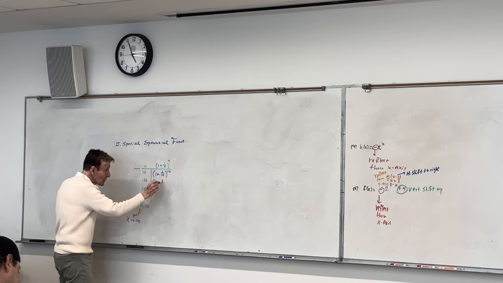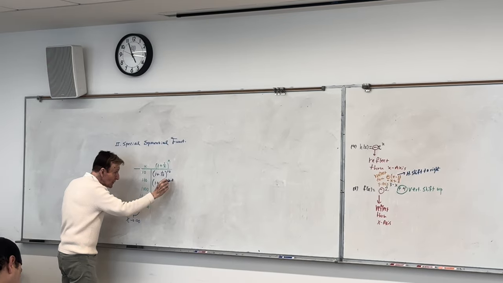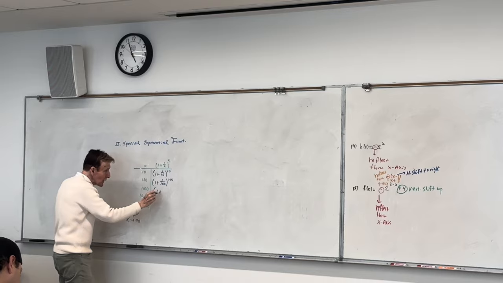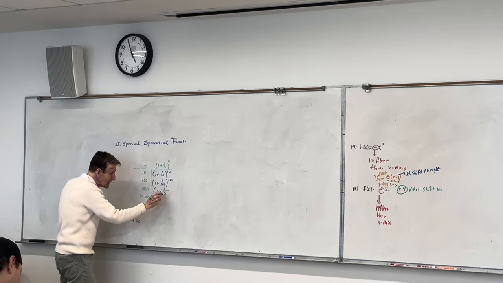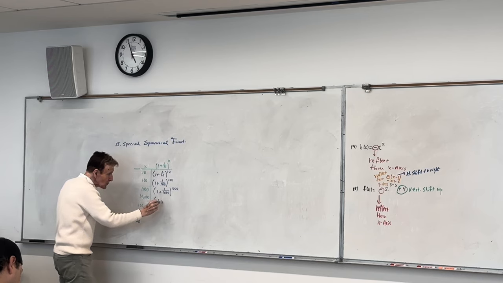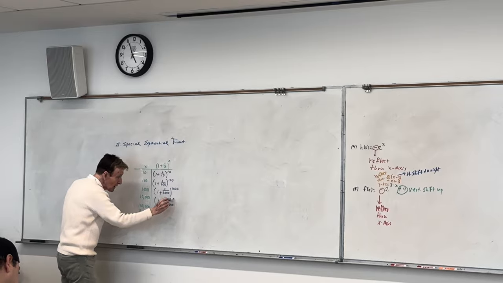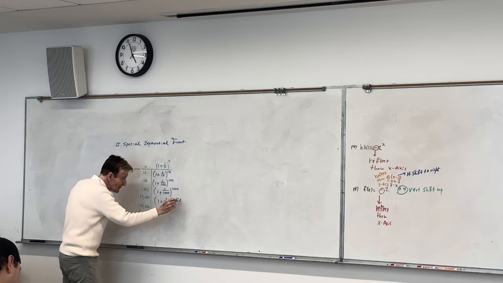1 plus 1 over 100 raised to the 100. 1 plus 1 over 1,000 raised to 1,000. 1 plus 1 over 10,000, this is getting crazy, raised to the 10,000.